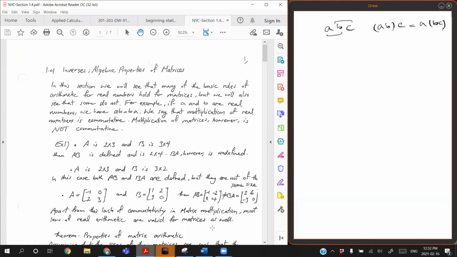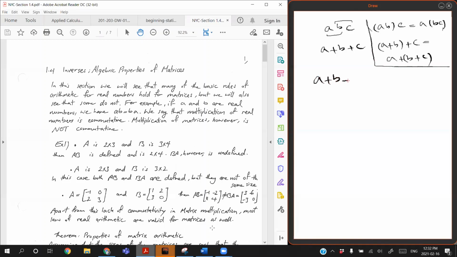So you have the associative property for real multiplication. You have the same property for real addition. If you have A plus B plus C, this is not at all ambiguous, because if you associate the A and the B first, or if you associate the B and the C first, you're going to get the same answer. So these two are called associative properties.